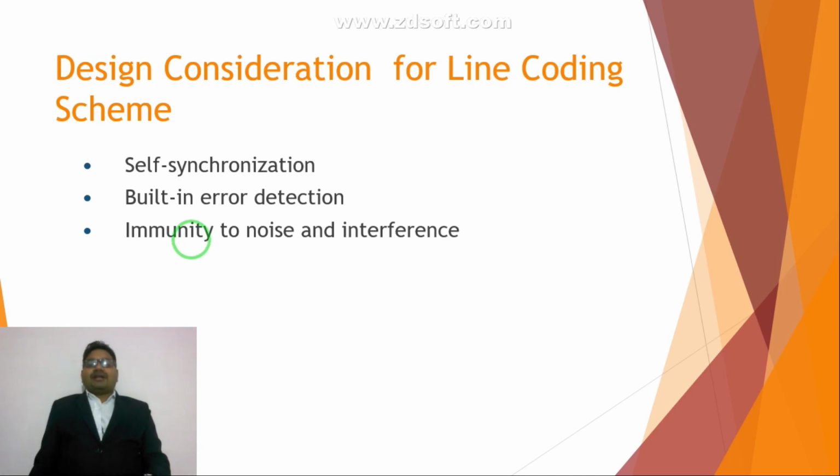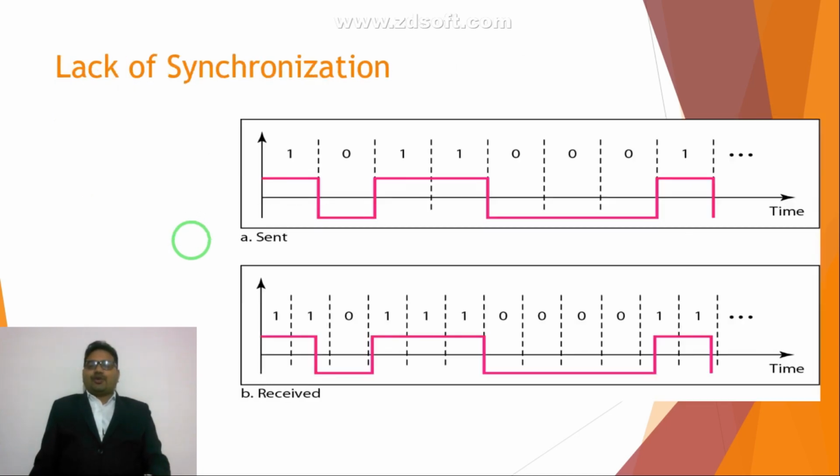Due to line coding, there is immunity to noise and interference when we convert digital data into digital signals. You can see from this figure the lack of synchronization.